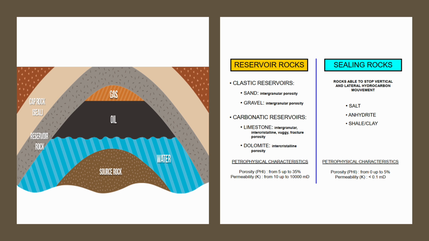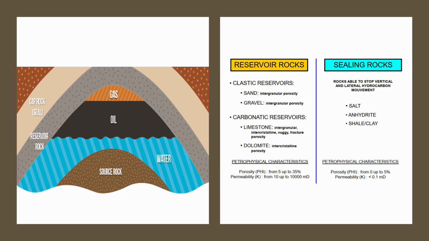They are classified into two types: clastic reservoirs like sand and gravel, which have intergranular porosity, meaning fluids are stored between the grains. Carbonatic reservoirs such as limestone and dolomite. Limestone has multiple porosity types, including fractures and vuggy porosity, while dolomite mainly has intercrystalline porosity.